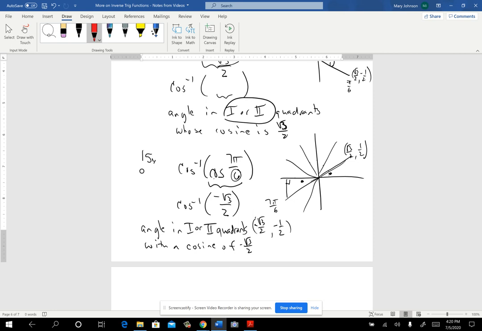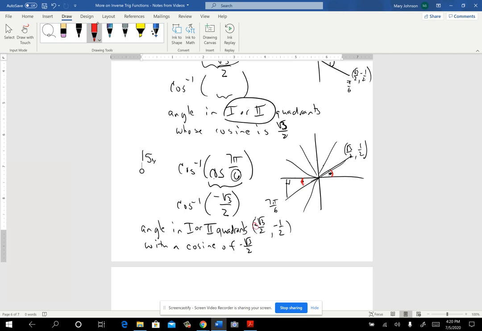One of the things that was hard on one of the tests was the idea of a reference angle, but here's where it really comes back to benefit you. When I was trying to do the cosine of 7 pi over 6, I thought about it in terms of a reference angle. I knew it was going to have the same number part as the cosine of pi over 6. I just needed to have a negative on it.